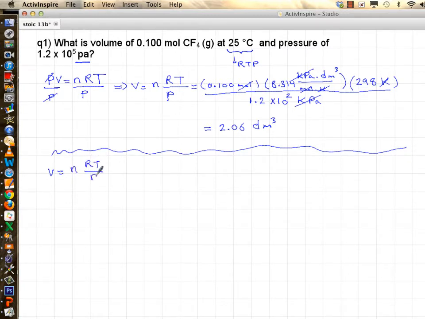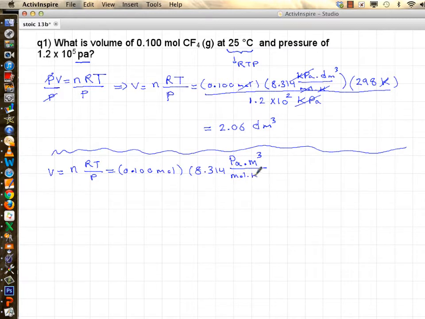nRT over P. Plug in everything except don't change the units of pressure. So you have 0.100 mole, just as before, times gas constant did not change, 8.314, except instead of kilopascal I have pascal, instead of decimeter cube I have meter cube. That's all it changes.